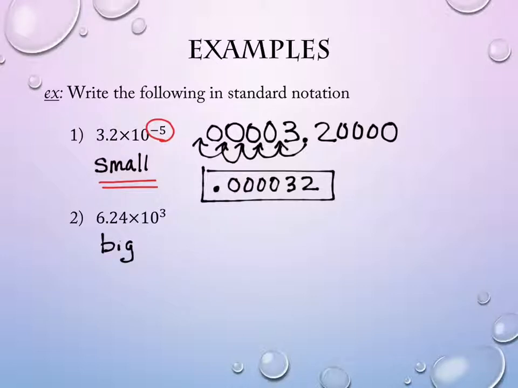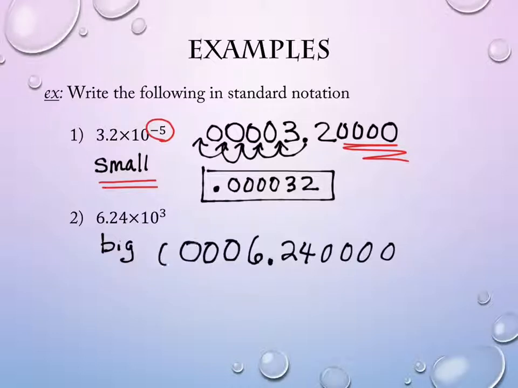All right, on my next one, notice I didn't write any of these extra zeros at the end. There's no need to write them if they're not needed, okay? My next value is 6.24. And again, there's lots of zeros, both before and after what I've got. How many locations or places will my decimal point move? 3.